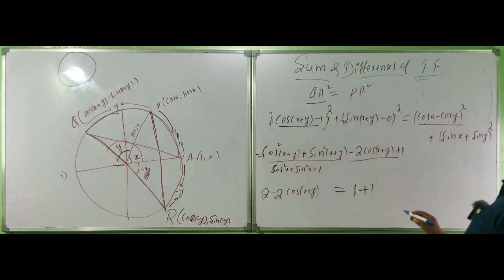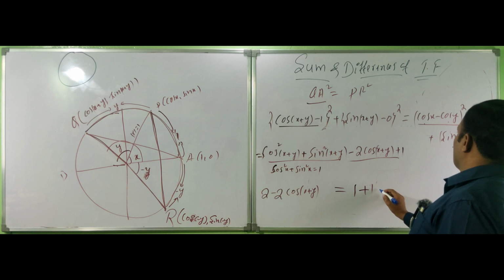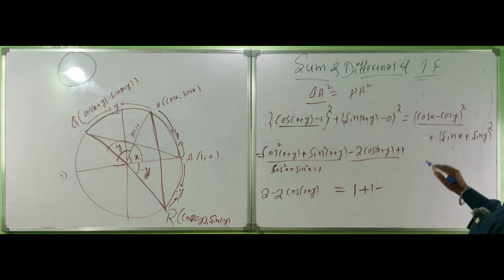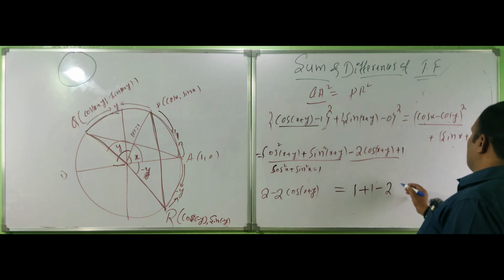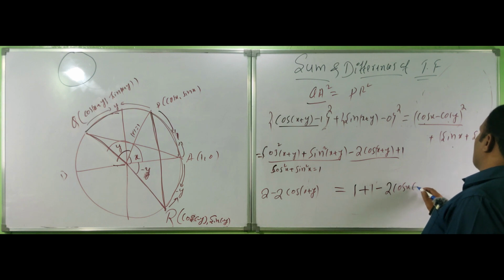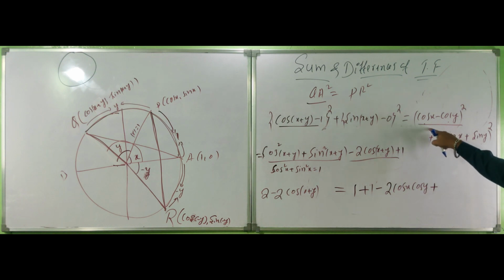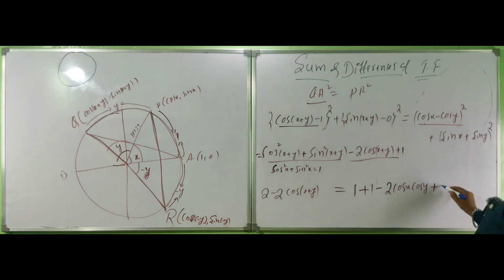What is left is plus 1 minus 2 cos x cos y plus 2 sin x sin y.